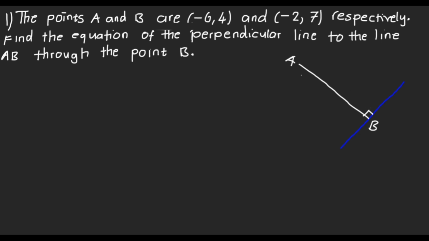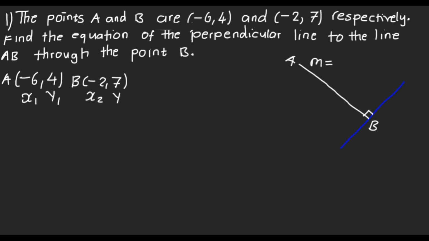We are going to find the gradient of line AB, and I will consider this one as gradient 1. So let's find the gradient of line AB. So A is (-6, 4), B is (-2, 7), x1, x2, y1, y2. Now let's find the gradient. So gradient is y2 minus y1 over x2 minus x1.